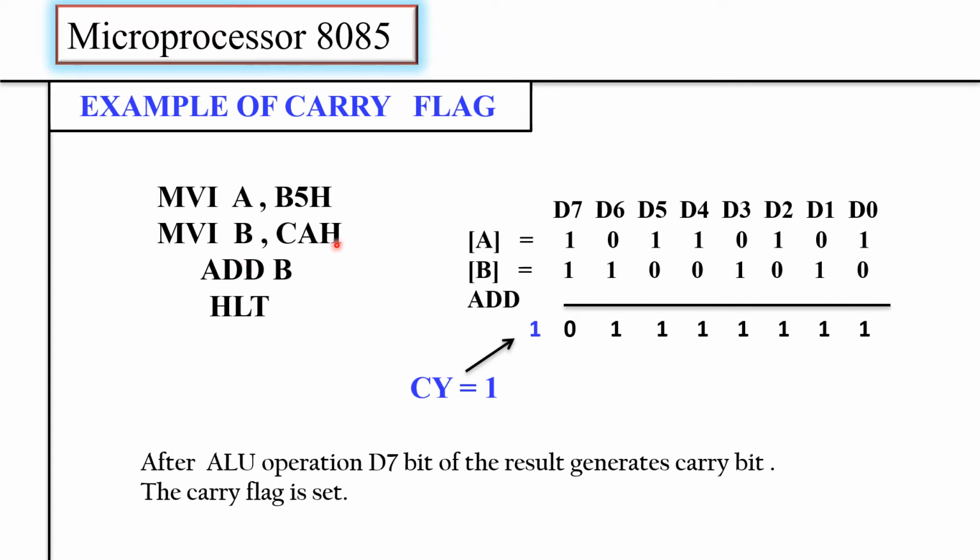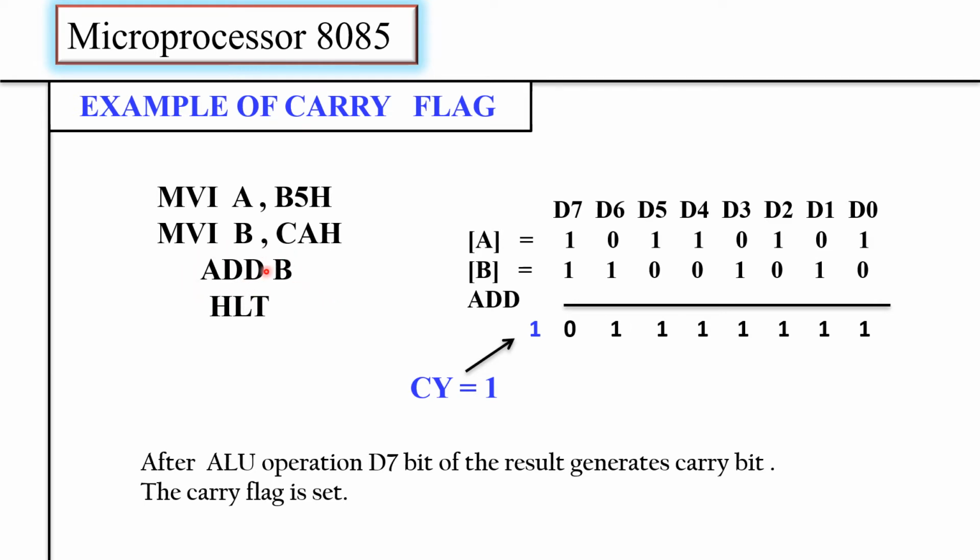So here the data is moved into register B. Then we are performing ADD B. See, for addition we require two numbers. One number is stored in the accumulator and the other number is stored in register B. But here we are not writing ADD A comma B; we are writing just ADD B.